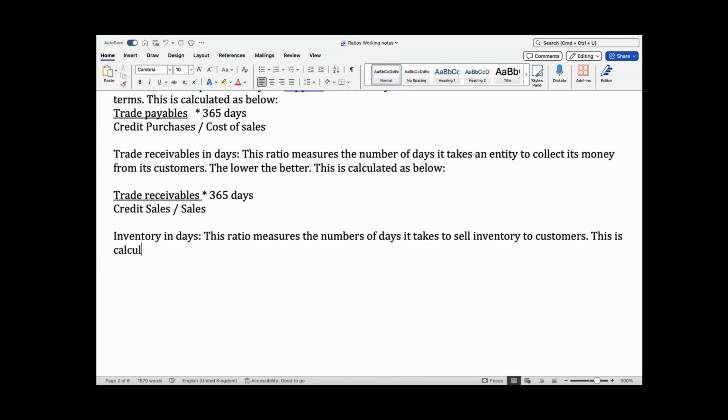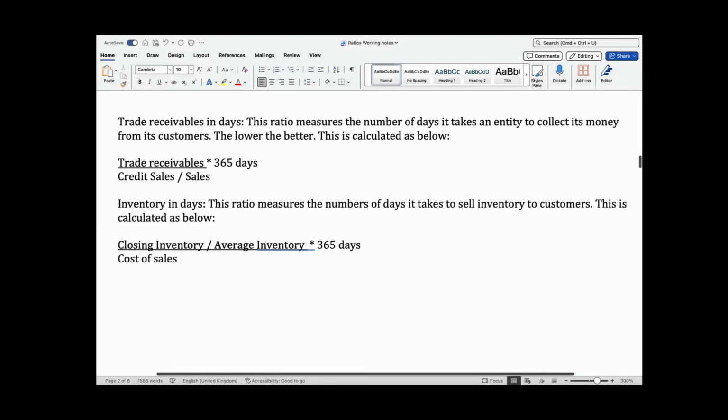And this is calculated as your closing inventory. Sometimes you can use your average inventory, depending. I usually use my closing inventory, over your cost of sales straight on, of course, multiplied by 365 days.